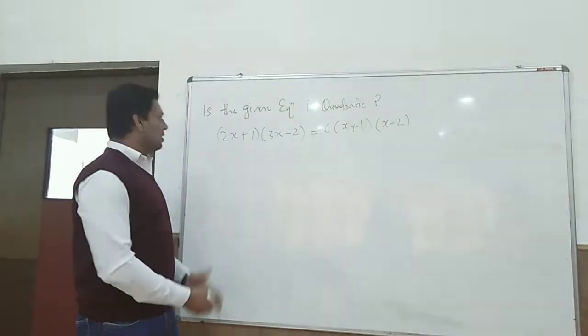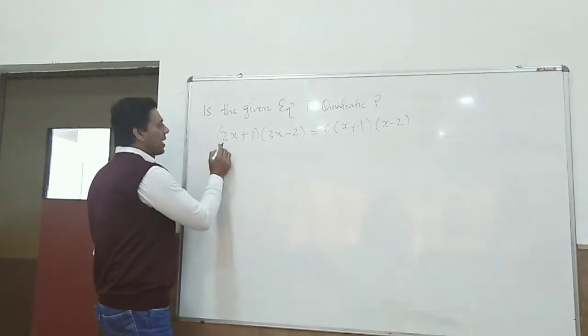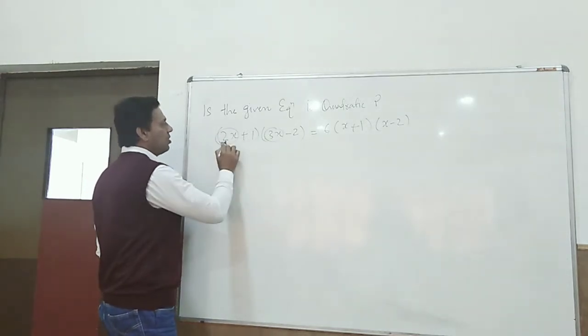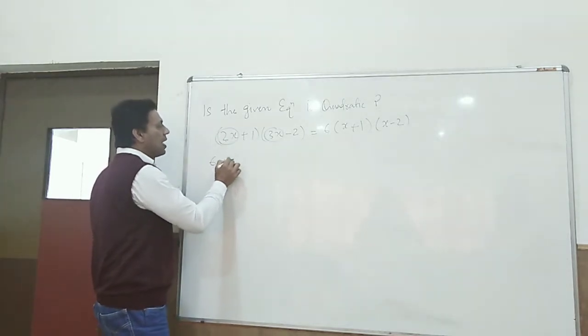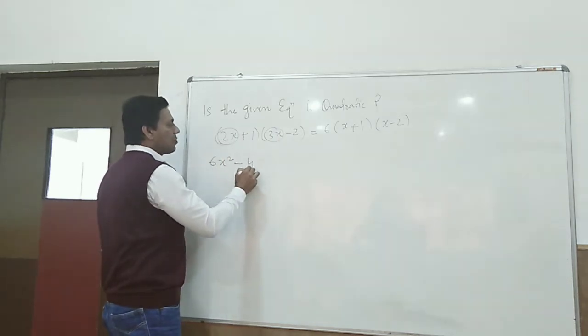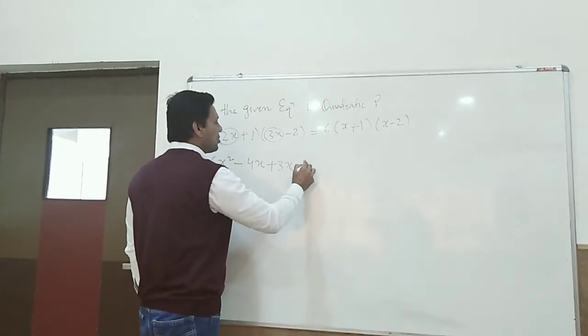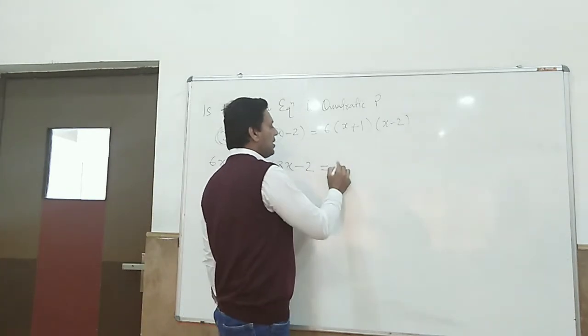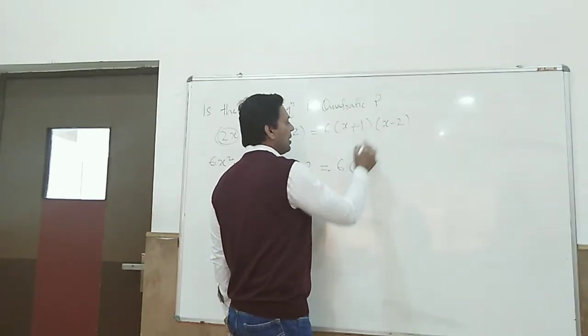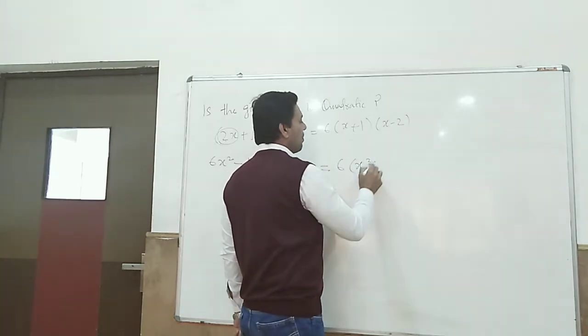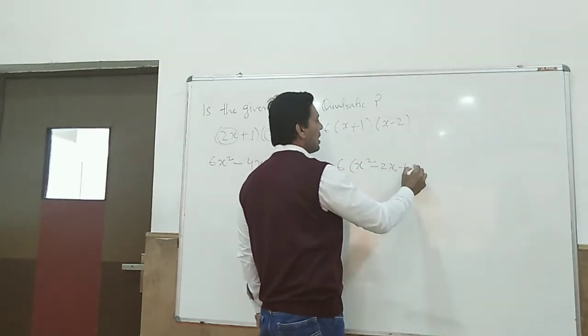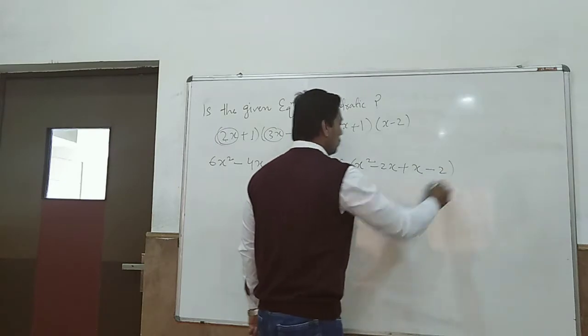So let's check. Okay, so multiply these two brackets, 2x into 3x, 2 3s are 6x square, then minus 4x, 1 into 3x plus 3x and minus 2. And then on right hand side, first multiply these two brackets, x square, then minus 2x, then plus x and minus 2.